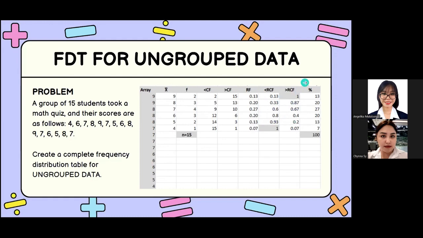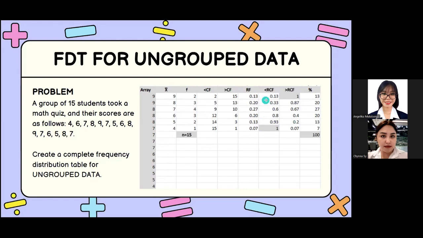Then last is the percentage. The formula for percentage is RF multiplied by 100. So this is the RF, all we got to do is multiply each value by 100.